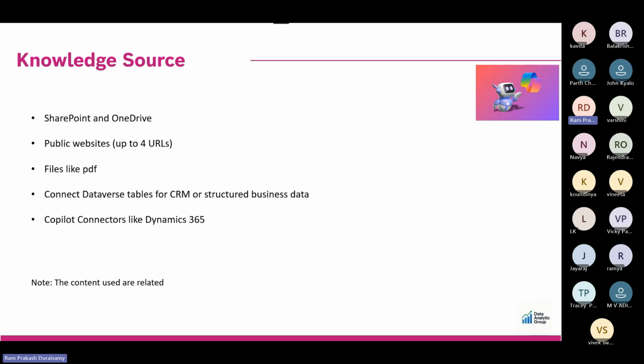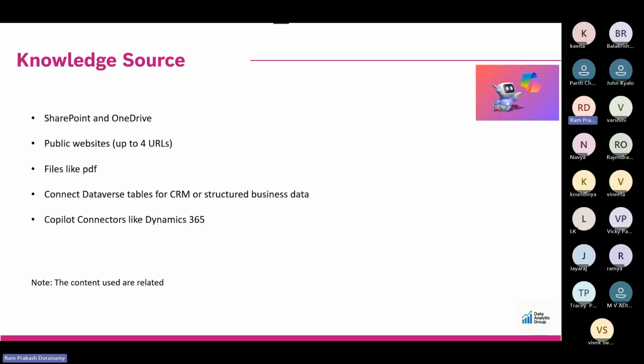So for the knowledge sources, as I said, we can get them from SharePoint and OneDrive, you can use public websites, and you can use files like PDF, Word documents, etc. And as I said, I'm also covering data sources like Dataverse or CRM, or SharePoint lists, which you can directly use.